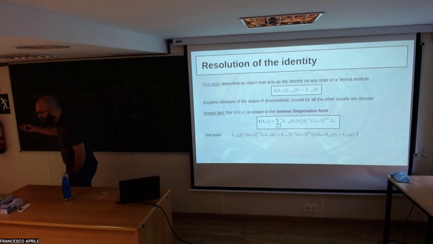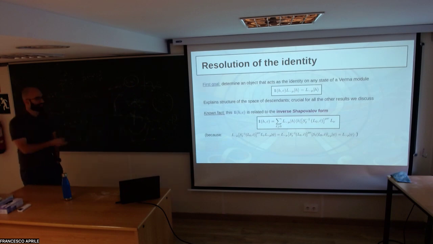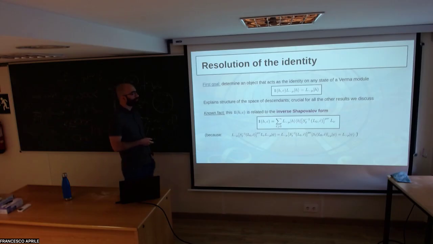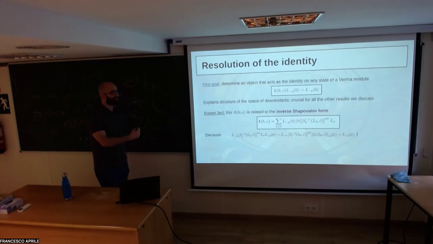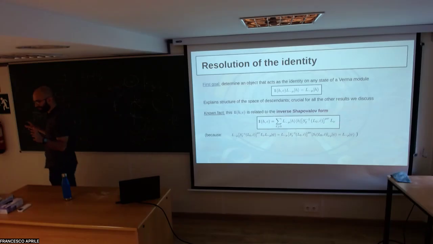And why did I introduce all those terms, that Shapovalov form? It's because it's been known in the literature since ages that to determine this resolution of identity, you basically need to have the inverse of that Shapovalov form, of that Gram matrix, contracted with your generators, and this object should behave as the resolution of the identity.